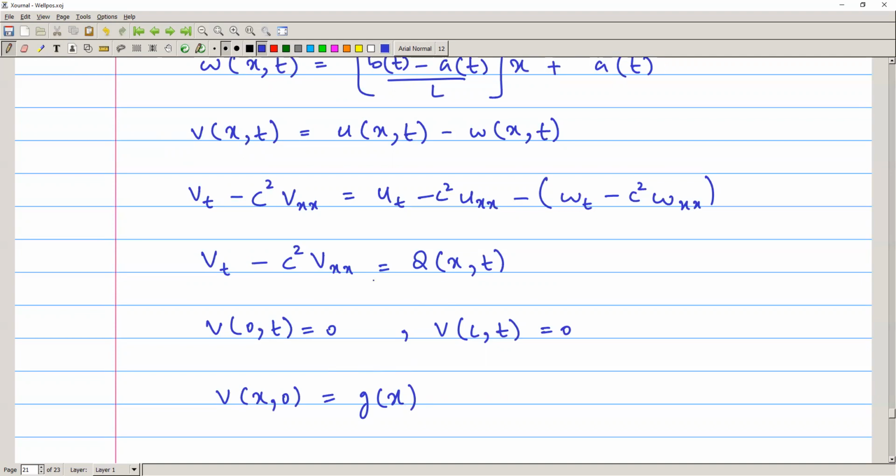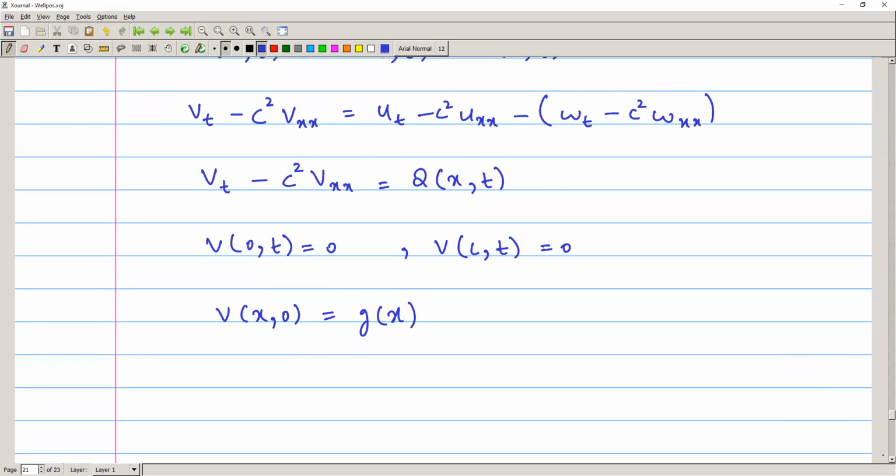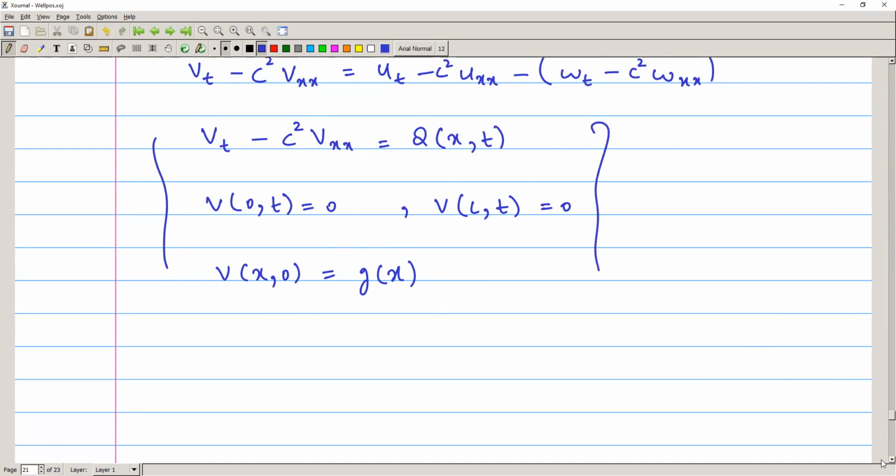So now for this equation, we can split it into two parts. In the first part, we write v equals v1 plus v2.